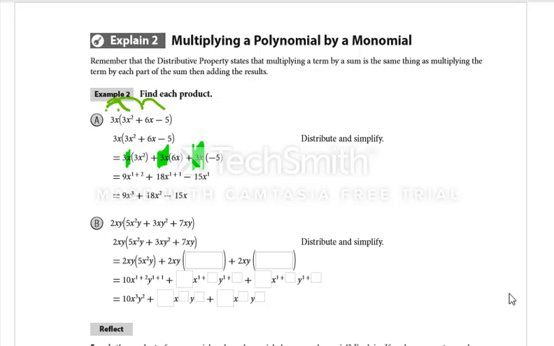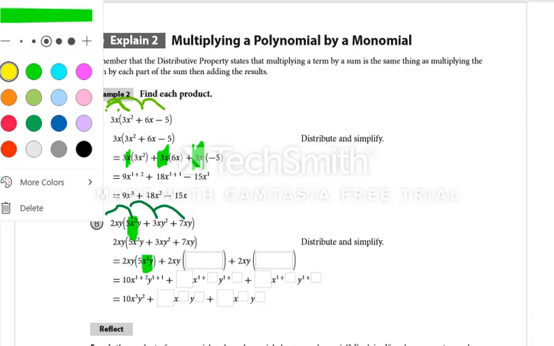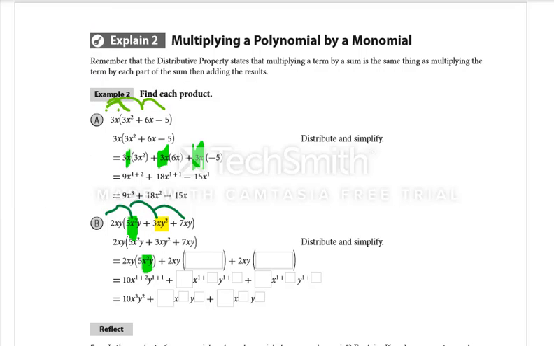All right, so next we are going to distribute again. We have to distribute the 2xy to each piece in the term. All right, so we have three different groups. We have 2xy times the first piece, that 5x squared times y. Then we have 3x times y squared, so that's going to go in here.